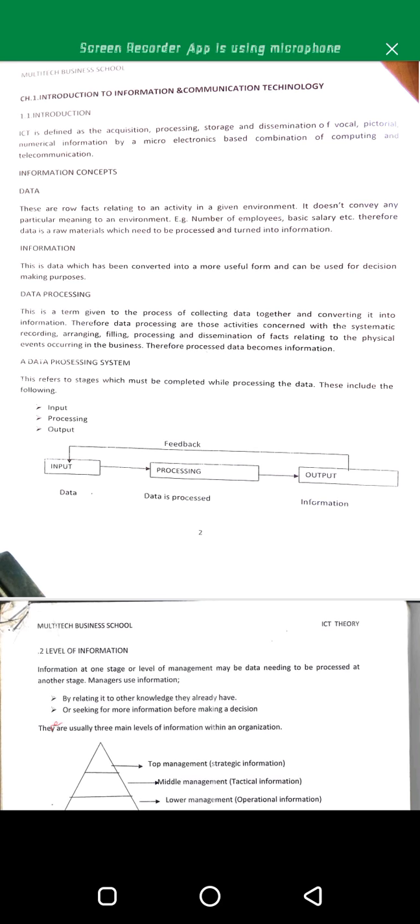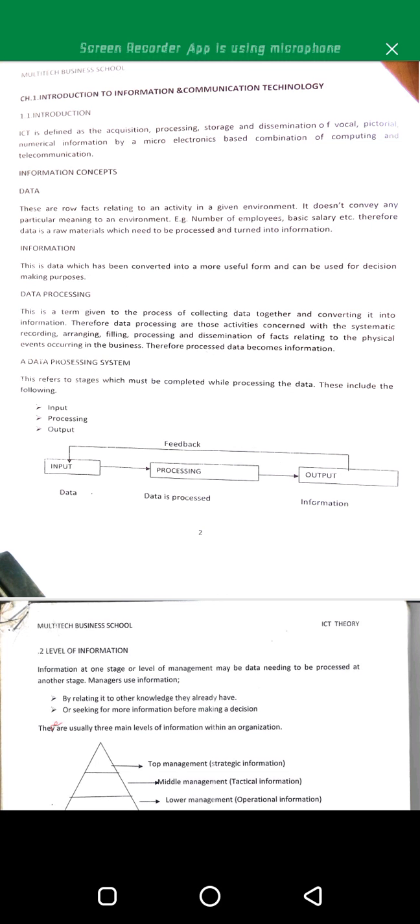These are all facts that you need to put together to produce what we call information. So therefore, data is a raw material which needs to be processed and turned into information. Data, before it is processed, will only remain data. But the moment you process data, it becomes information.